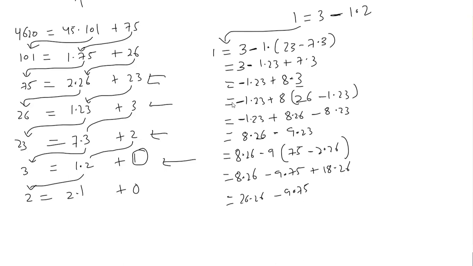And this equation will give us the value of 26. So what we'll get is 26 times 101 minus 1 times 75, minus 9 times 75.